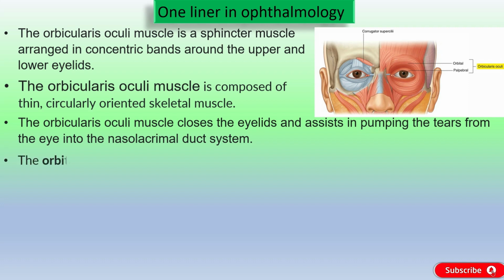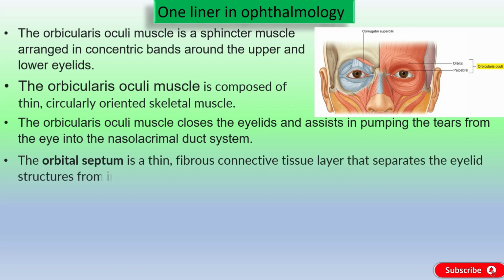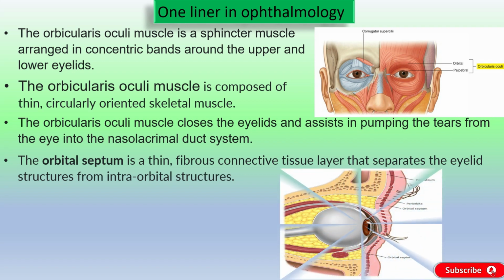The orbital septum is a thin, fibrous connective tissue layer that separates the eyelid structure from the intraorbital structures. The tarsal plate is the main structural component of the eyelid.